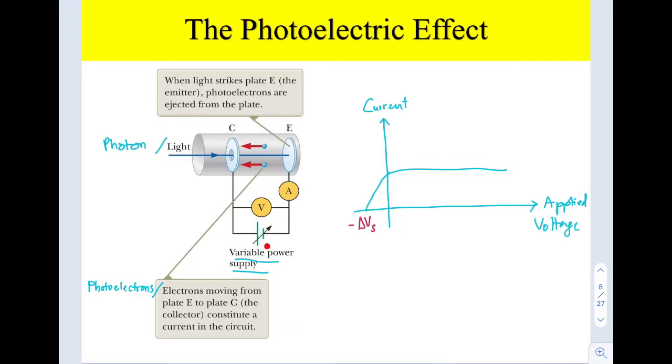If you see the arrow here, it means that it's variable. You can change it. You can reverse the polarity as well, instead of changing the value of the voltage. So whenever you change this one, the applied voltage changes, and the current will vary accordingly initially until it reaches one maximum level and no more change.